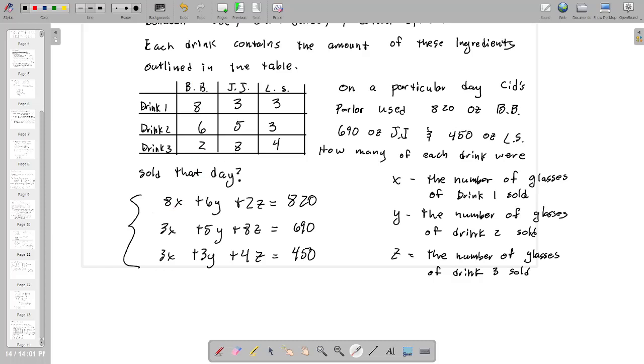We have 8 times the number of drink 1 sold, because drink 1 uses 8 ounces, plus 6 times the number of drink 2s sold, because drink 2 uses 6 ounces, and 2 times the number of drink 3s sold, because drink 3 uses 2 ounces of Bonneton booze. And we know that the total amount of Bonneton booze that we used that day was 820. Ditto for equation 2, which refers to Java juice, and equation 3, which refers to Lothal spice brew.